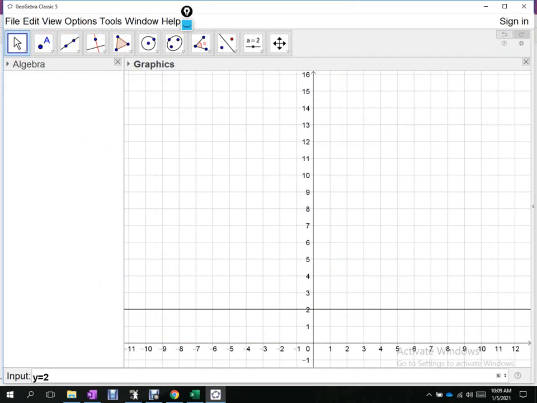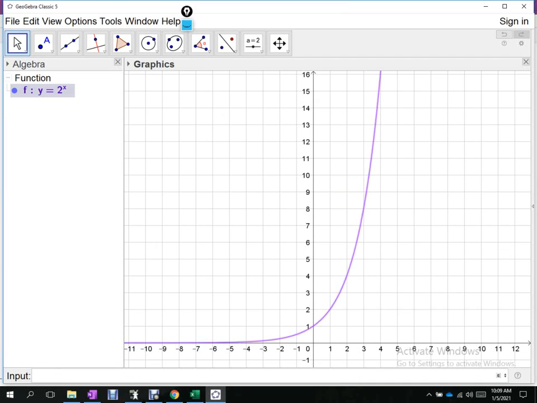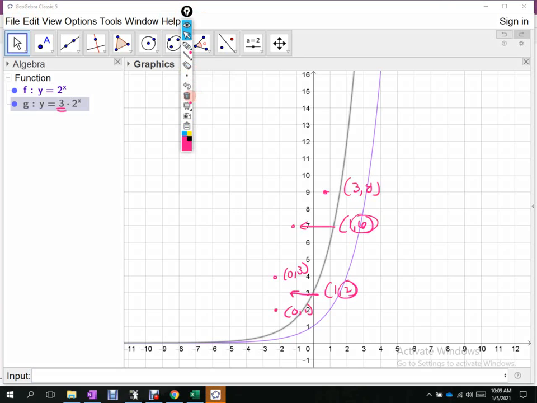What I want you guys to understand here is if we take a function like y equals 2 to the x, which we talked about yesterday being that curve there, and I compare that to y equals 3 times 2 to the x, what is happening here is because of that scalar multiplier out in front, because of that 3 right there, it's taking a point like 0, 1 on this purple curve, and it's taking the y value and increasing it by a multiple of 3.